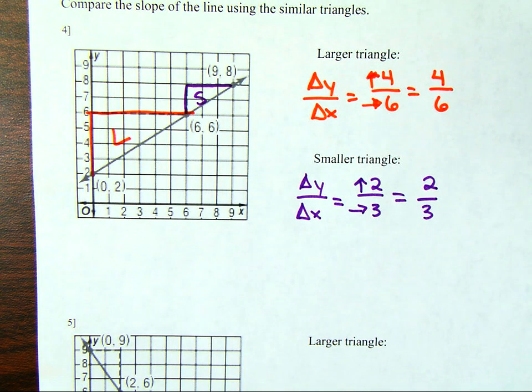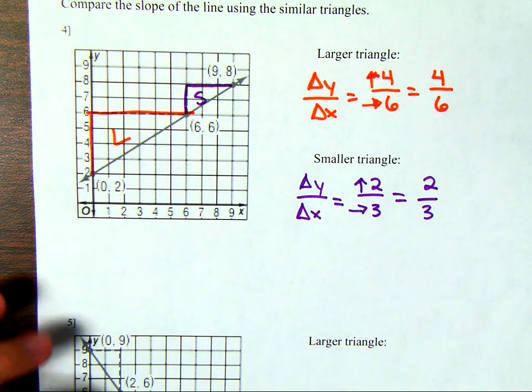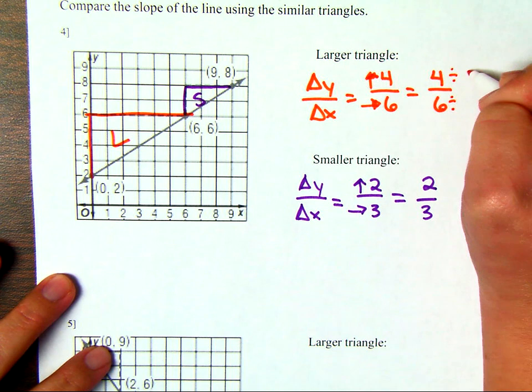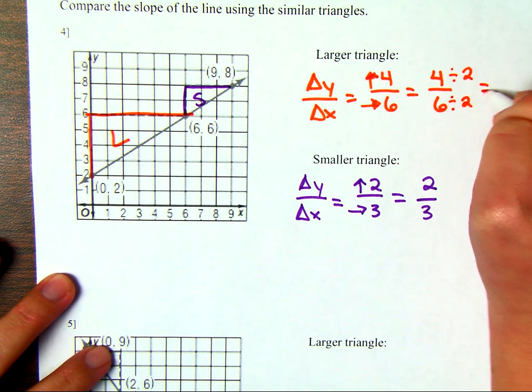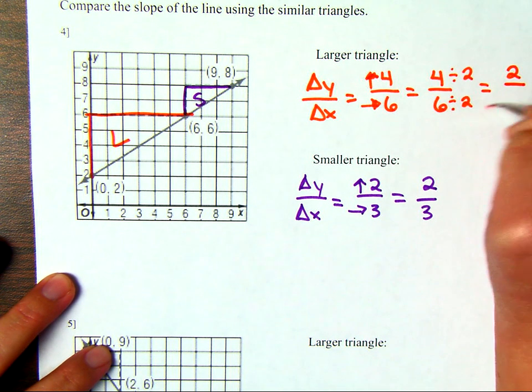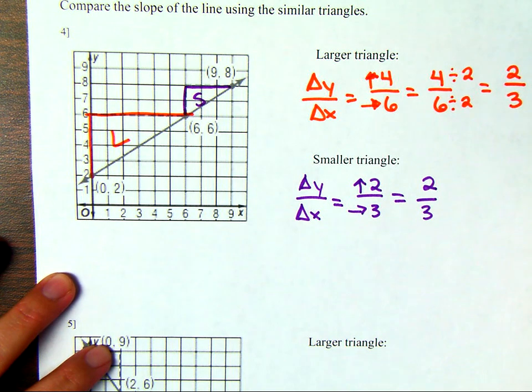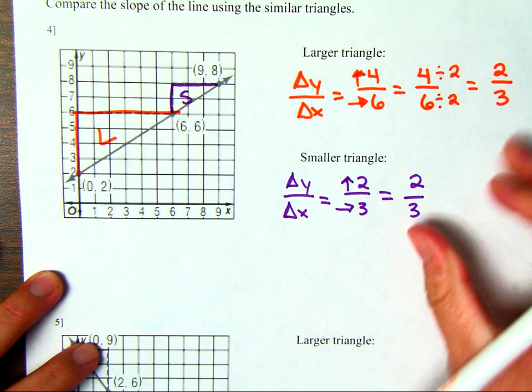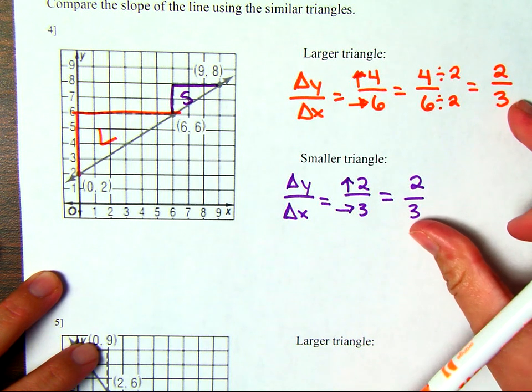Once we are reducing, we are showing that our constant vertical change is over our constant horizontal change. So we can reduce this by 2. 4 divided by 2 is 2. 6 divided by 2 is 3. So 4 to 6 and 2 to 3 do not look the same, but if they reduce to the same number, then that means that they have the same slope and they are proportional.